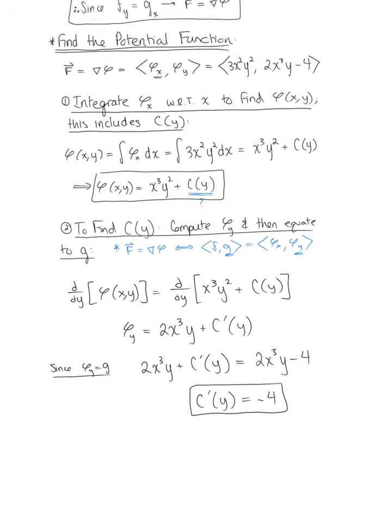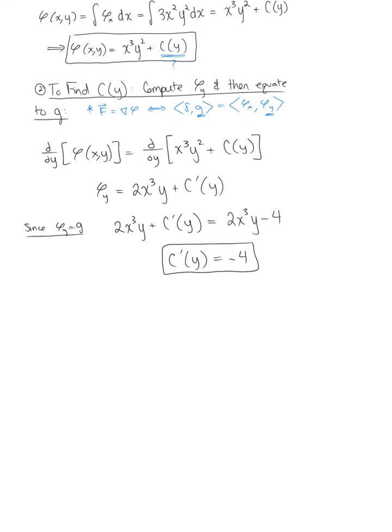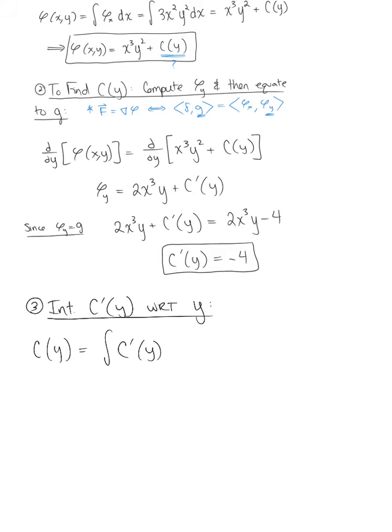And so we're now ready to go ahead and find c of y by integrating this derivative with respect to y. So we have c of y is going to be equal to the integral of the derivative c prime of y dy, which we know is going to be the integral of negative 4 dy.